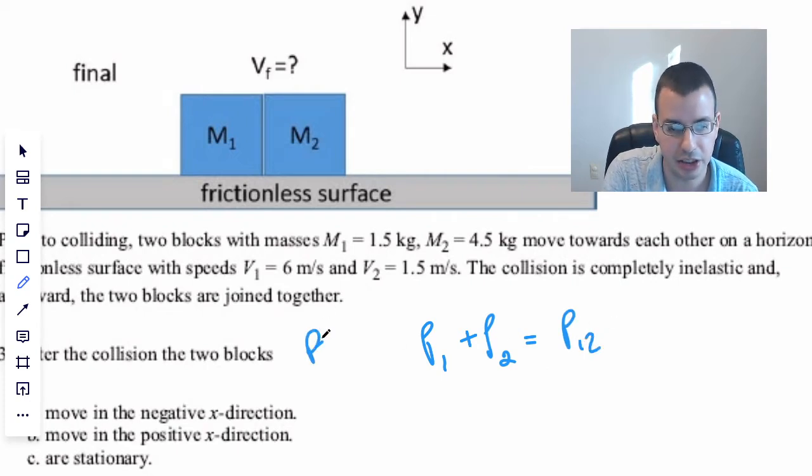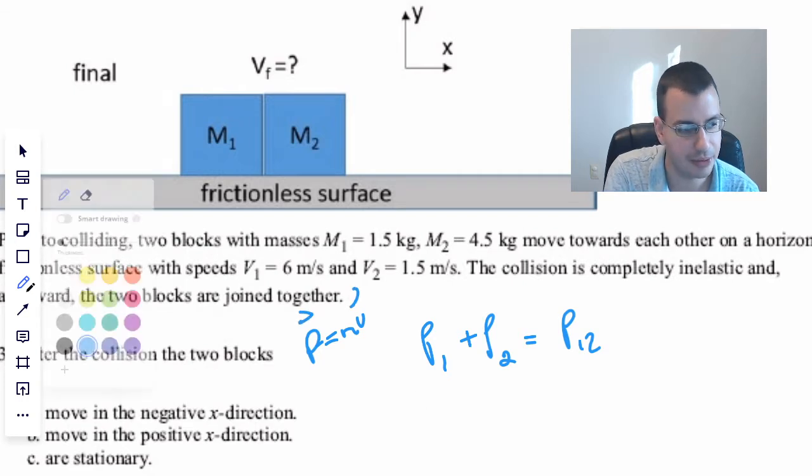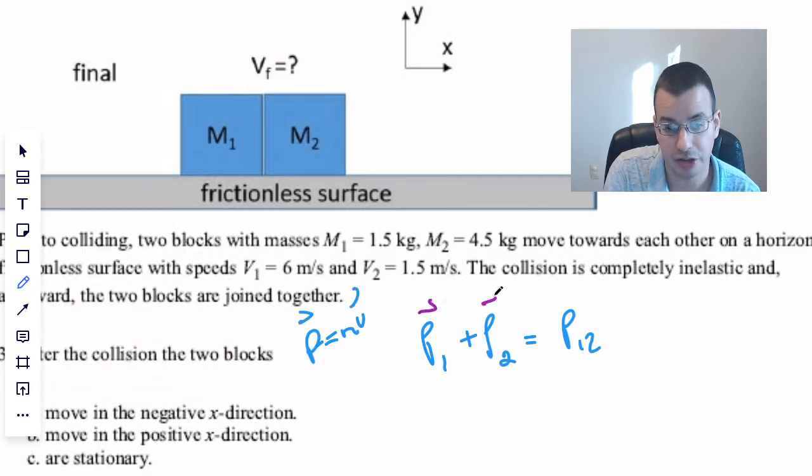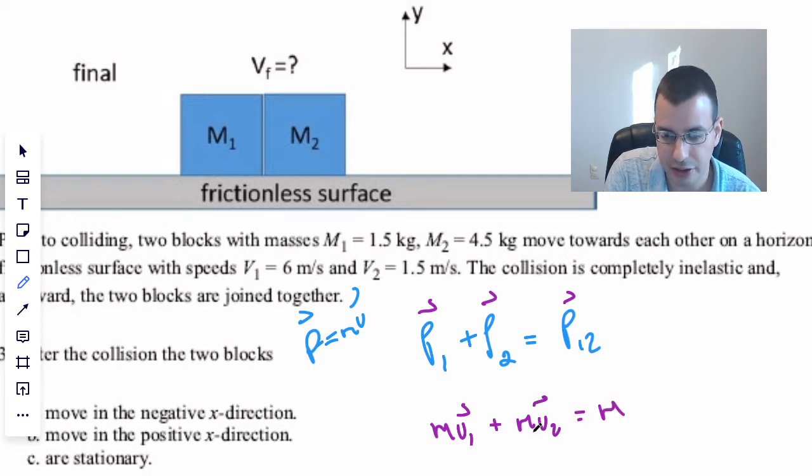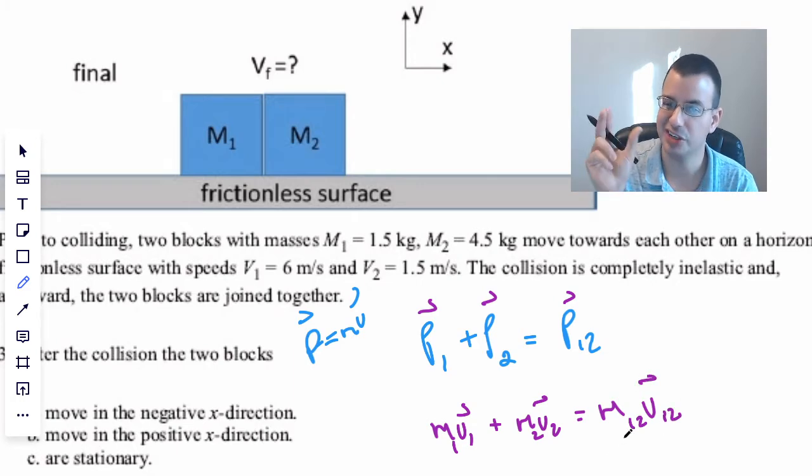Momentum is mass times velocity. Oh, I should have vectors up there. Actually, very much should have vectors up there. So then we have mass 1 v1 plus mass 2 v2 equals mass 1,2 times velocity 1,2. And that 1,2 just means they're combined.